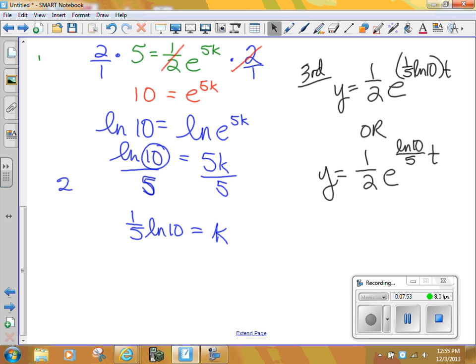That would be the only other option, just because I had it down there and I erased it and now I'm reintroducing it as an acceptable form.